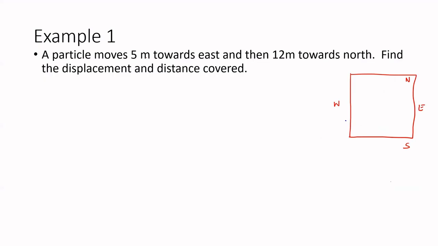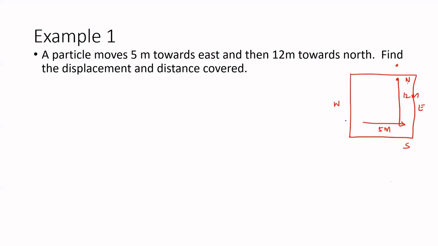So a particle moves 5 meters towards east. In the direction it has traveled 5 meters. Then 12 meters towards north.